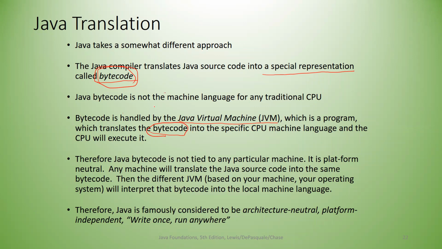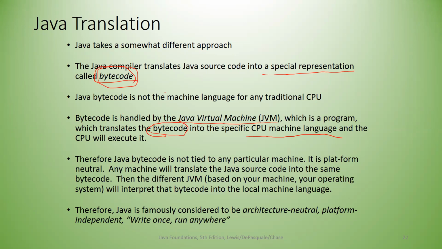It's done, and then this bytecode is translated into the specific CPU machine language. You remember each CPU speaks a different language, right? So you translate the Java program into a specific bytecode, and that bytecode is translated into the specific CPU language.